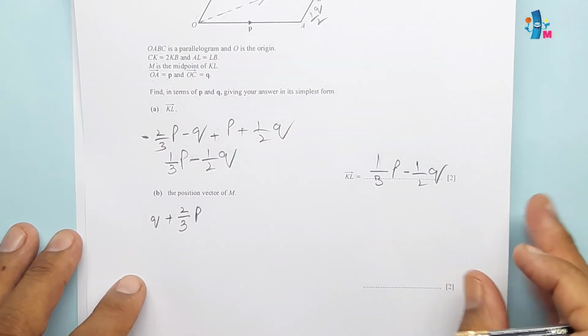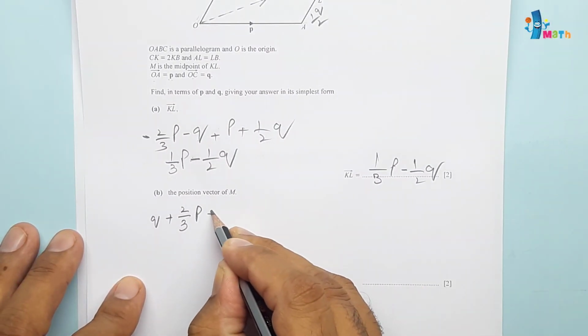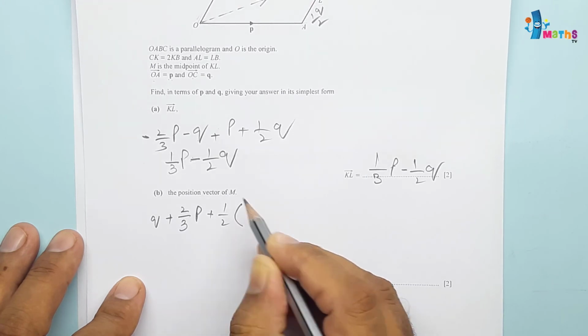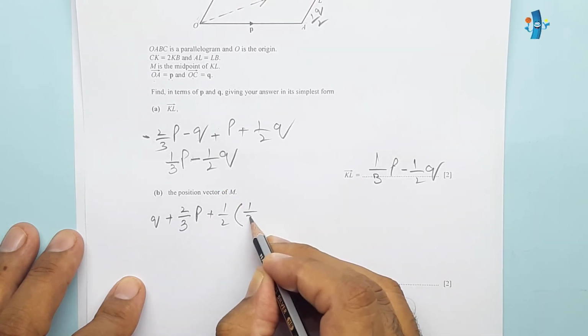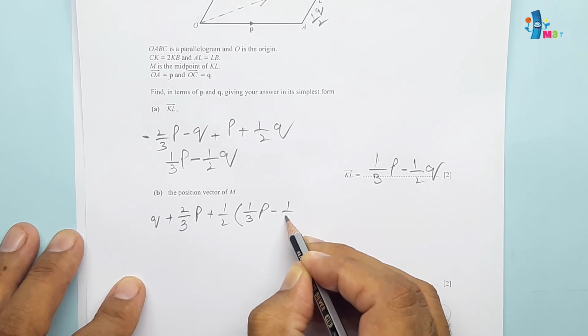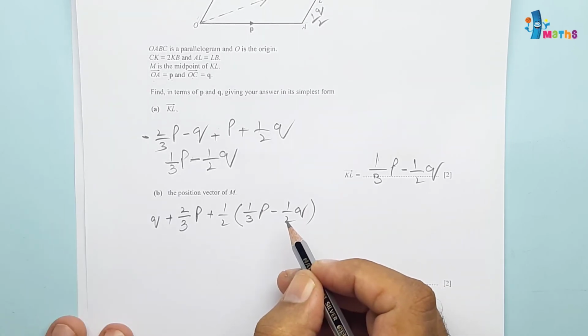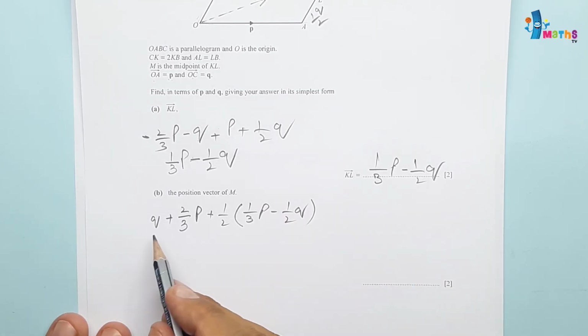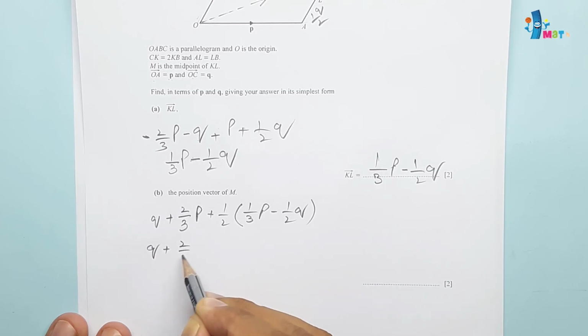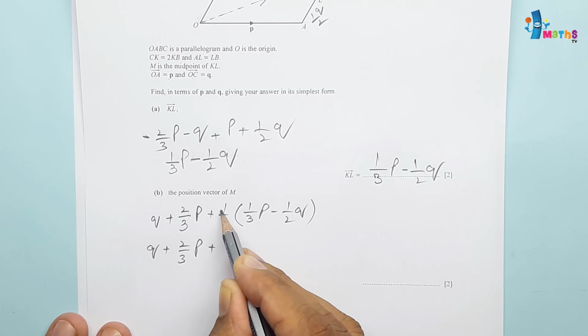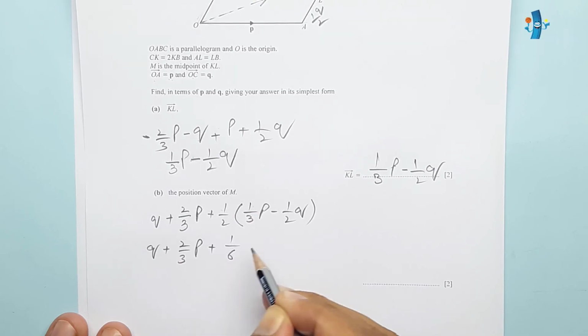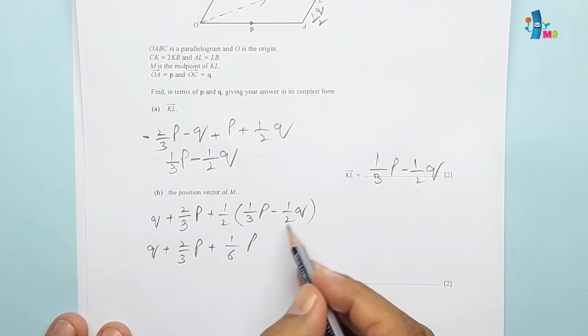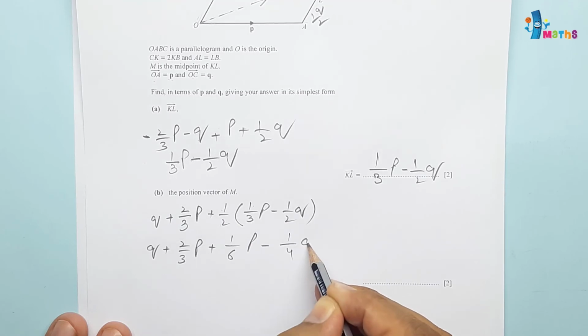So I will write here plus half of this value, 1 by 3p minus 1 by 2q. So now we just have to simplify this. We can open this one, q plus 2 by 3p plus this will be 1 by 6p, and half into this will be minus 1 by 4q.